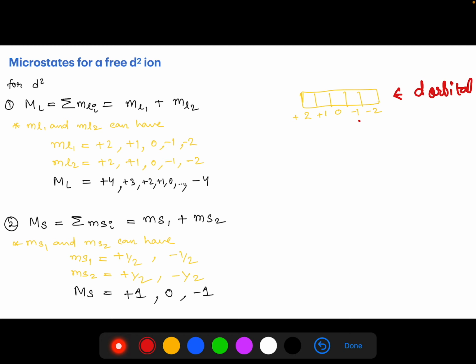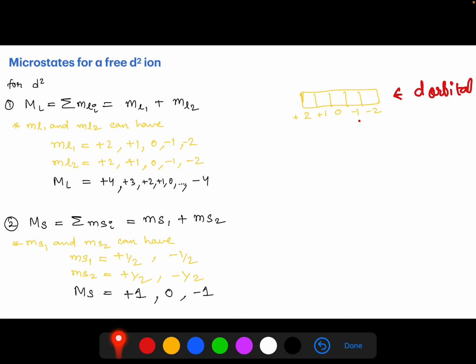Now, to calculate the microstate for a free d2 ion, for d2, this d orbital here, you can see just the depiction. So we first have to obtain the total angular quantum number and total spin quantum number.